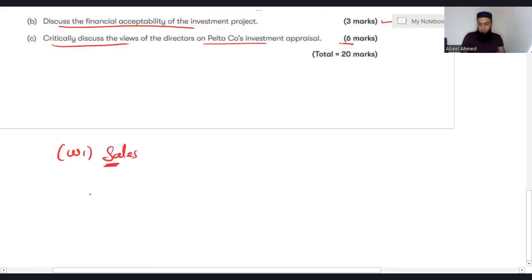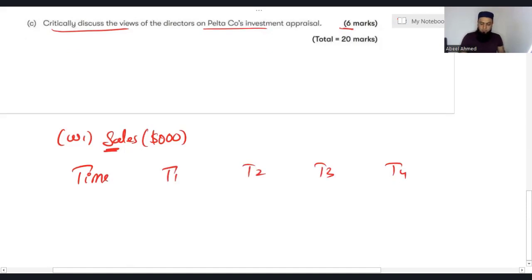Sales, just ignoring 3 zeros. T1, T2, T3, and T4.